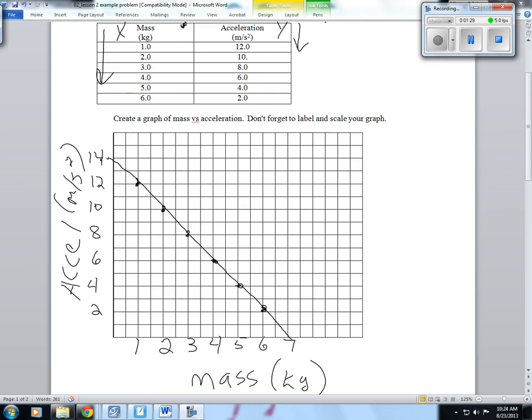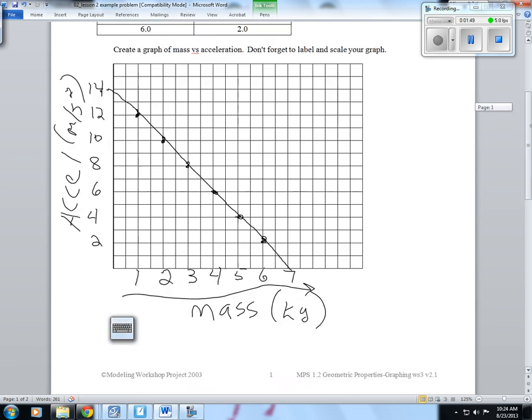I took the liberty and graphed this. This should be a review for you. I scaled it across the bottom to 7, jumping every 2 so it fit nicely. Then I plotted each point and created a linear line. Go ahead and fill that out, and then let's try this.